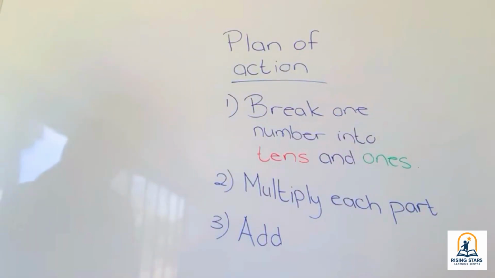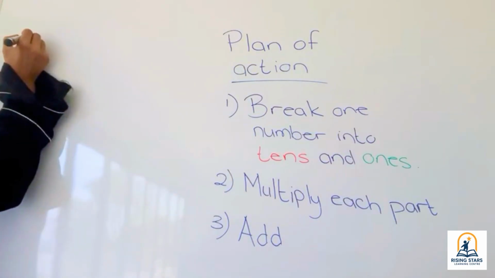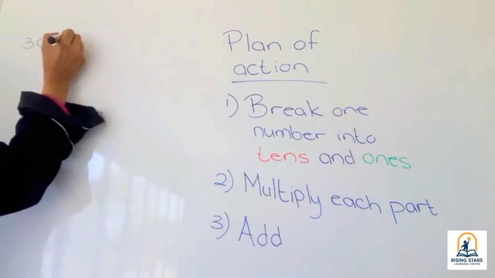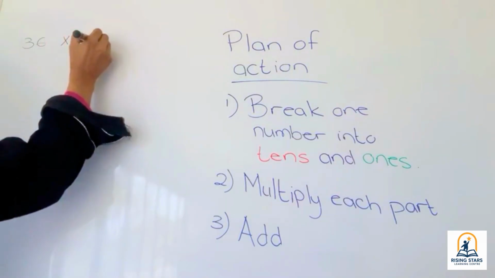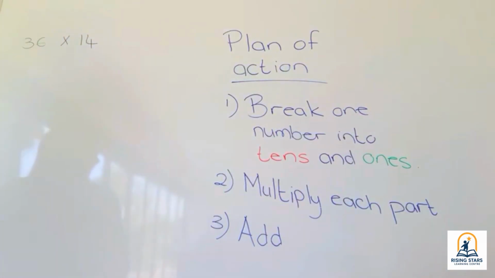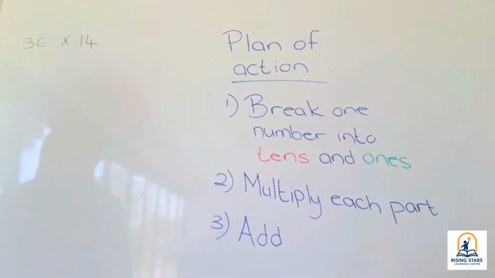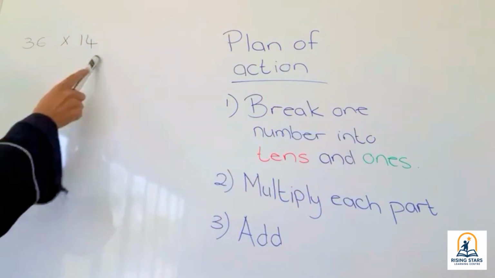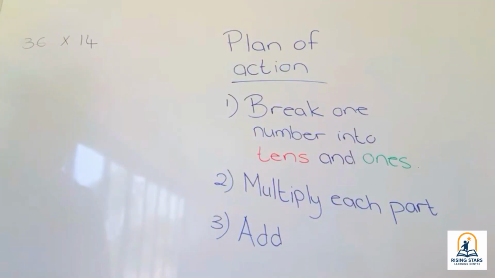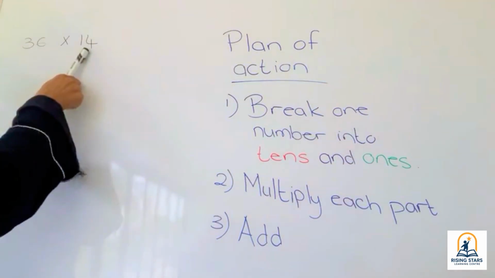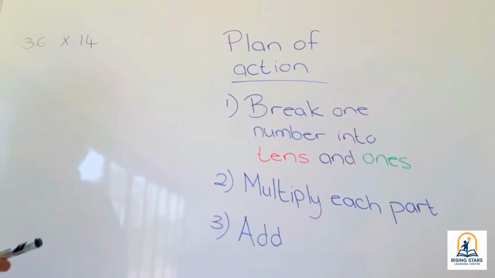Okay, let's try another example. 36 times 14. Let's have a look at the plan of action. Break one number into tens and ones. All right, so like I told you, we break up the one that we are multiplying by. 36 multiplied by 14.